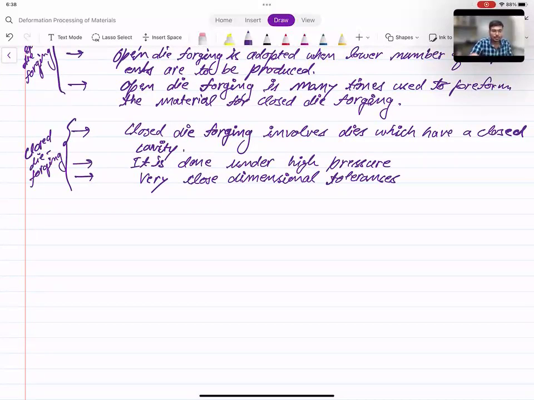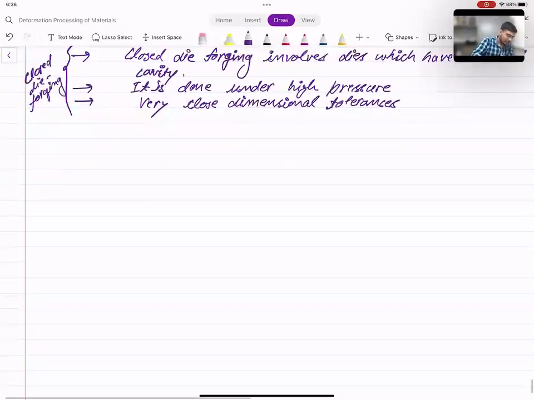Now let us see some of these forging processes, how they are called based on the type of operation carried out. Let us see now various forging operations.